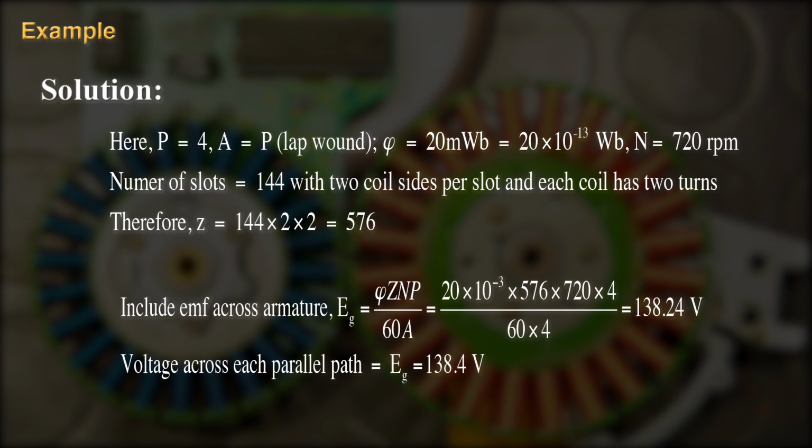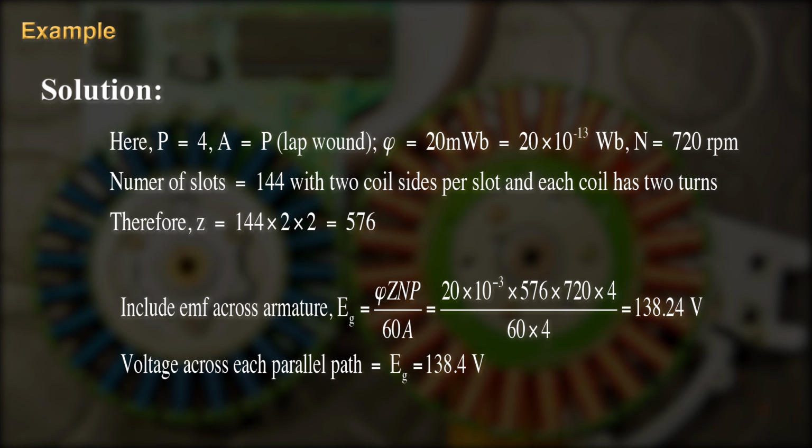As you know, the induced EMF across the armature is equal to P phi N Z upon 60 A. Just put the values of all the parameters in this expression. Phi is 20 into 10 to the power minus 3, Z is 576, N is 720 rpm, P, the number of poles, is 4, 60 is a constant, and number of parallel paths is 4.